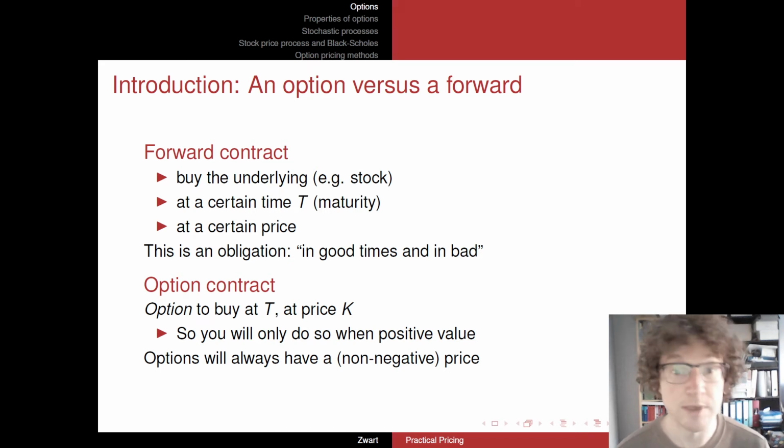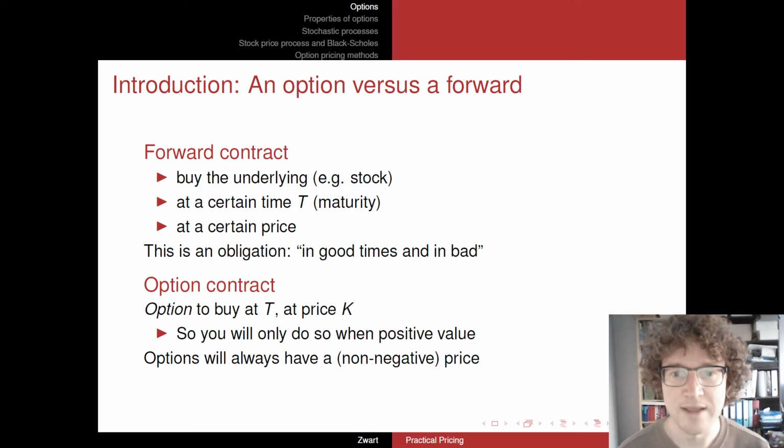It's going to turn out to be a good deal for me if at that point in time this Shell stock is worth more than 20 euros. Then I can buy this stock, which is worth, say, 23 euros, at 20 euros and I make a profit of 3 euros.